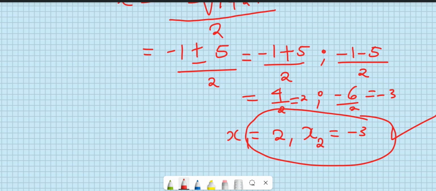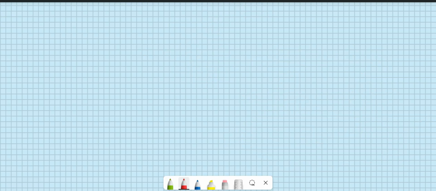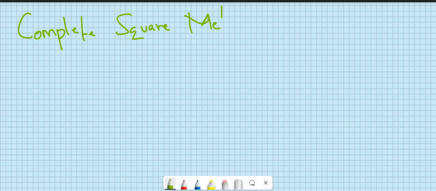So the second part will be the complete square method. In the complete square method, the rule is simple.